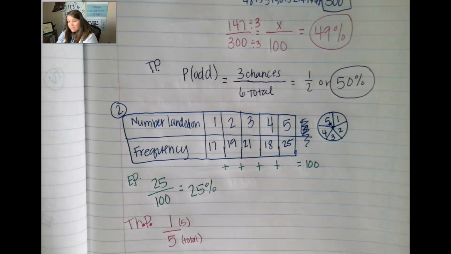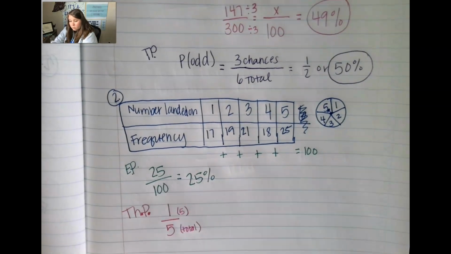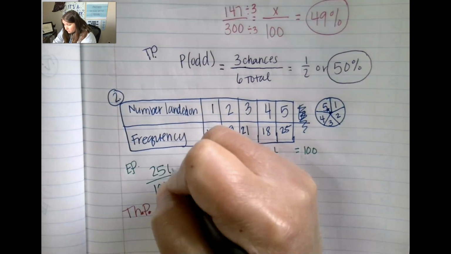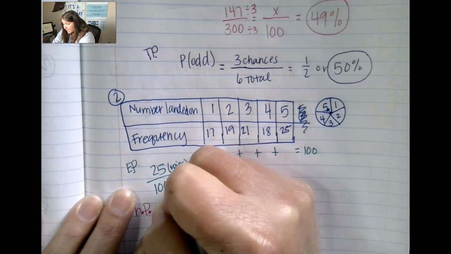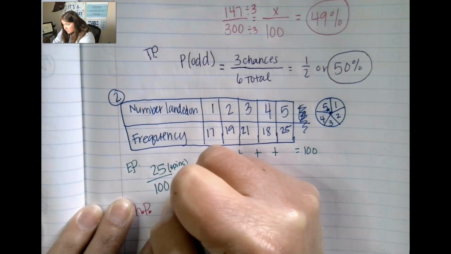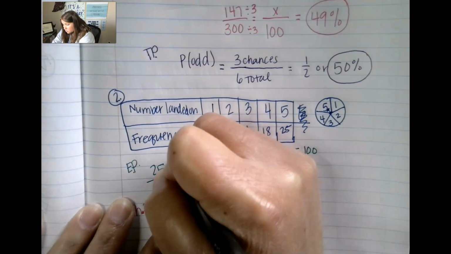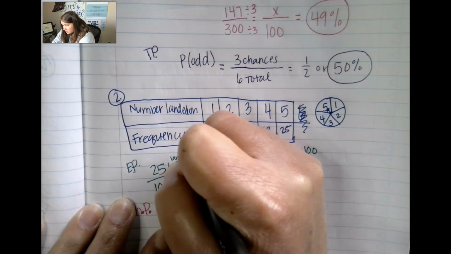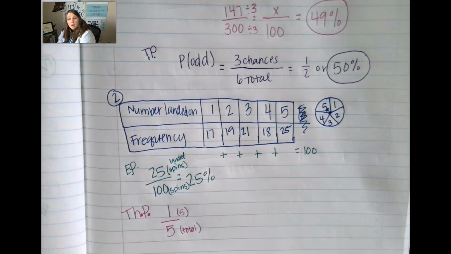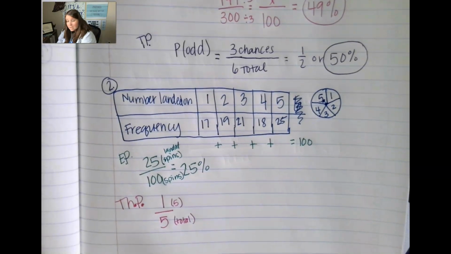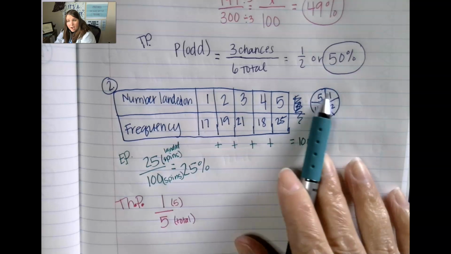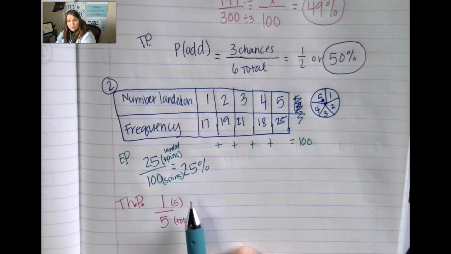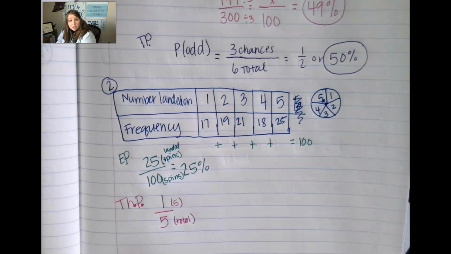Up here we had 25 spins landed, right, out of 100 spins. Here, you could only pick one 5 out of the outcomes. So 1 and 5.